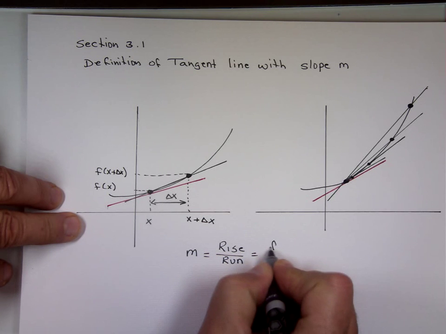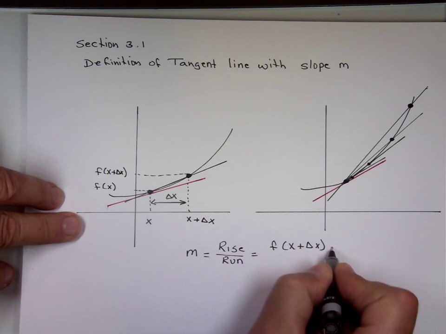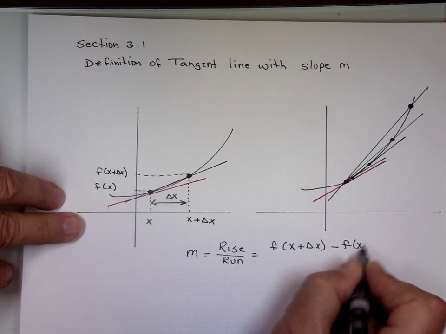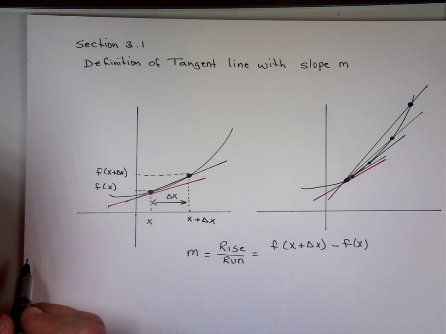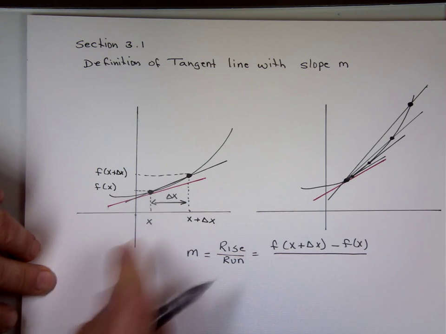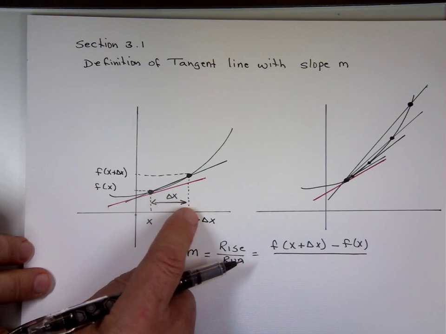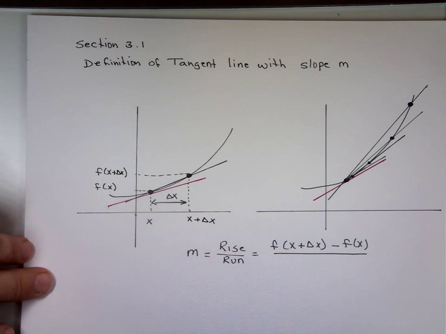That's f of x plus delta x minus f of x. It's this y value minus that y value. And what about the run? The run is what? Isn't that the gap, the distance between these 2 points? And what did we call that distance? Delta x.